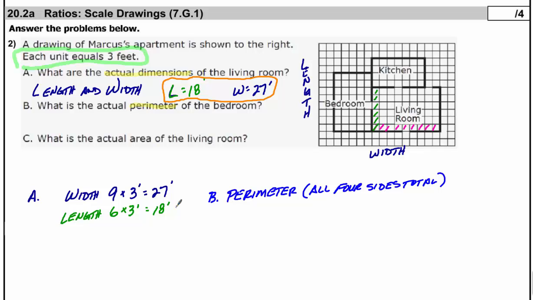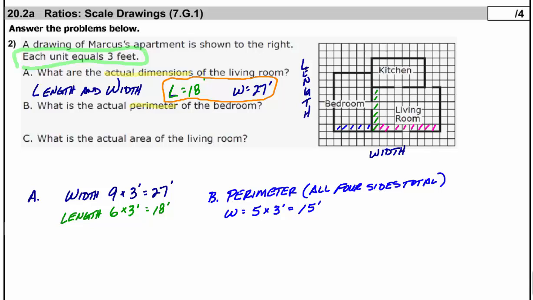What do all four sides add together? So I've got 1, 2, 3, 4, 5 units. That's 5 units across. So that was my width. So my width is equal to 5 units times 3 feet each. 15 feet for the width.